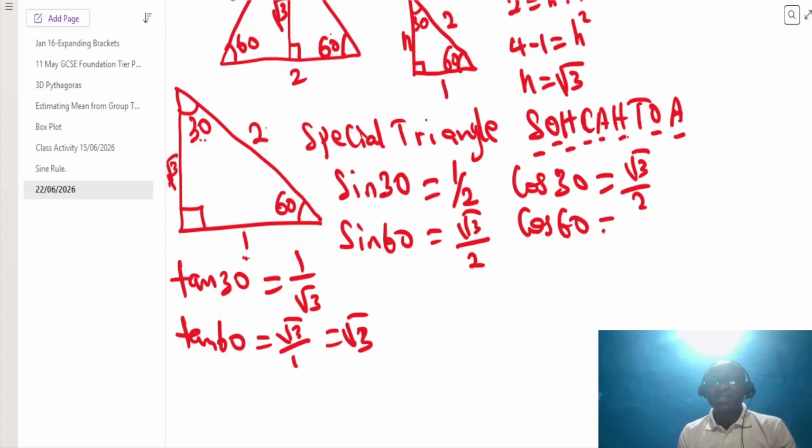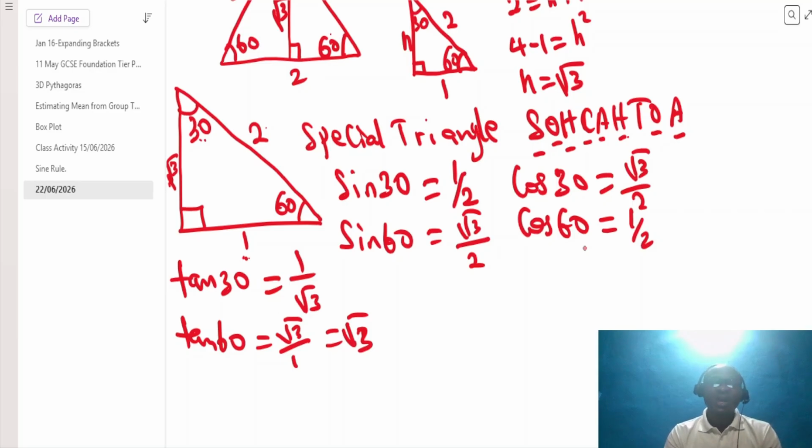Now, cos 60, look at 60. Adjacent of 60 is 1, and hypotenuse of 60 is 2. So cos 60 is equal to 1 over 2. Now, all these things, under normal circumstances, we check them out with our calculator. But this special triangle has now come to solve them.